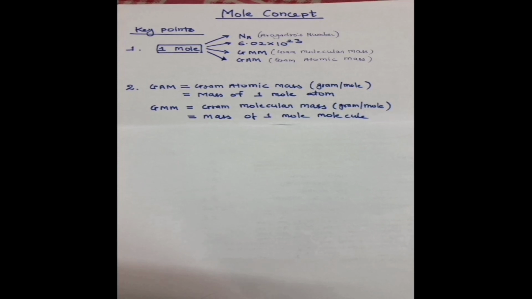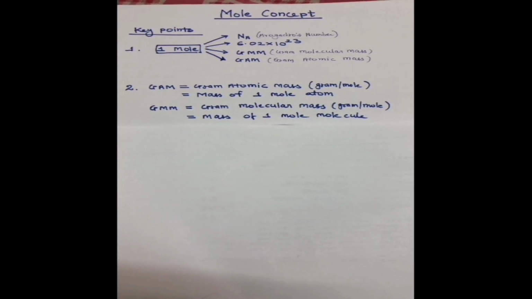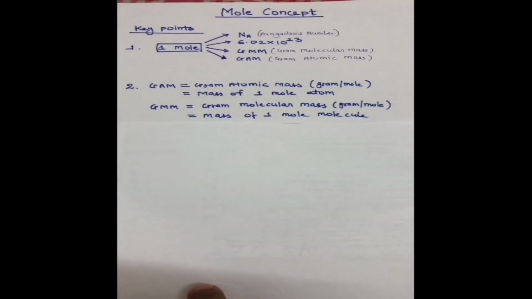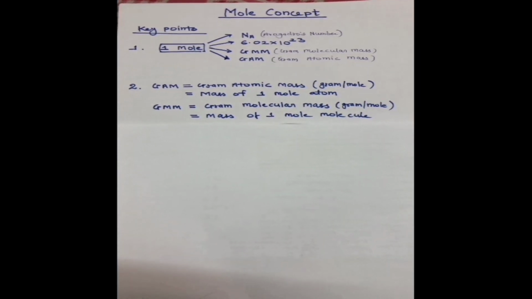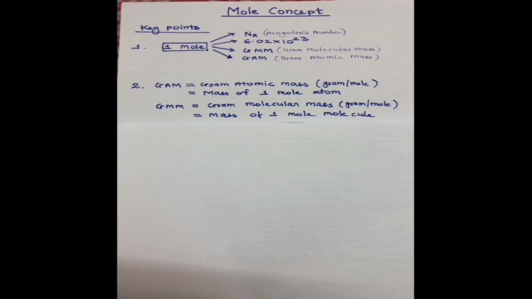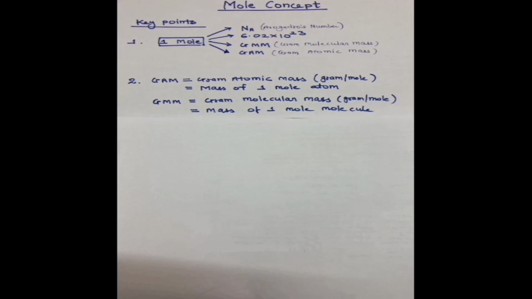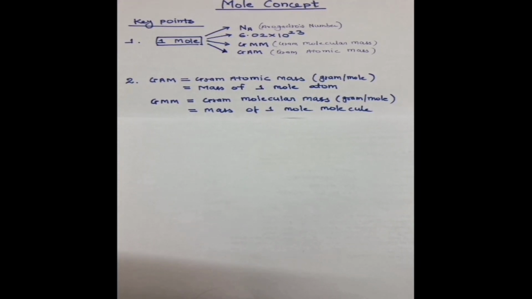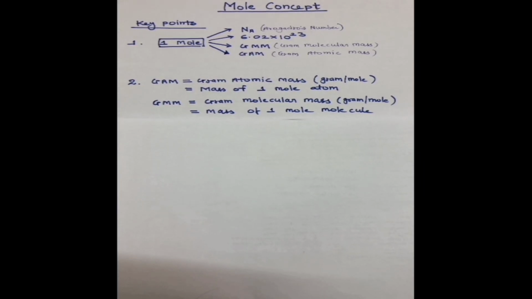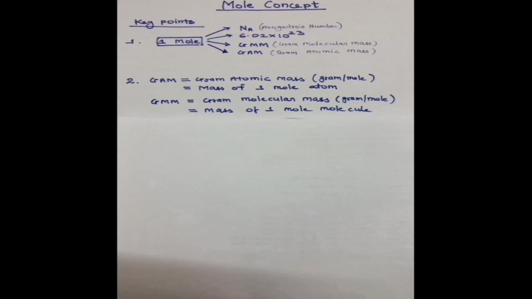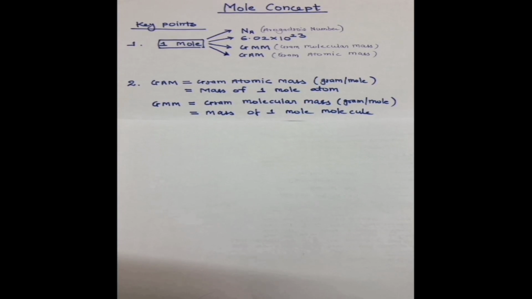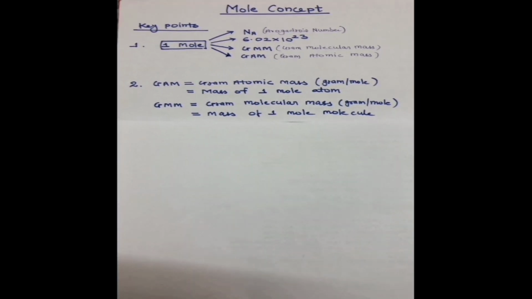And you know very well about atomic mass and molecular mass. When we express atomic mass in gram, then it is gram atomic mass, and when we express molecular mass in gram, then it is gram molecular mass. And the unit of GAM and GMM is nothing but gram per mole.